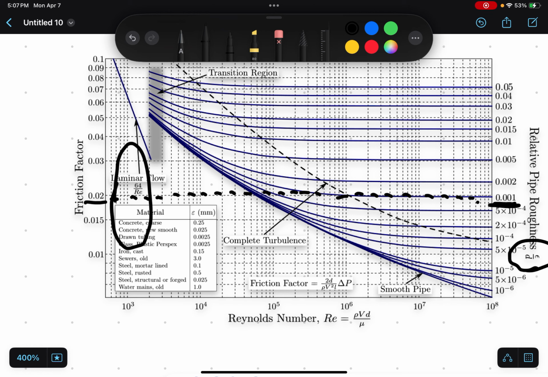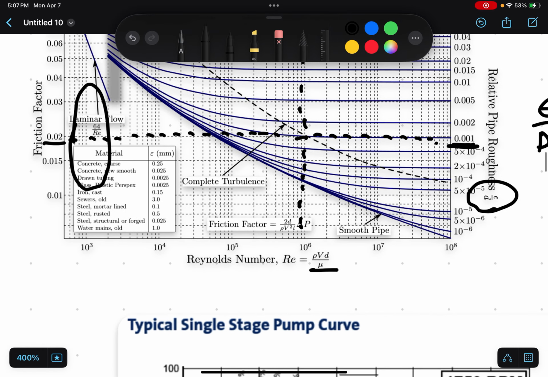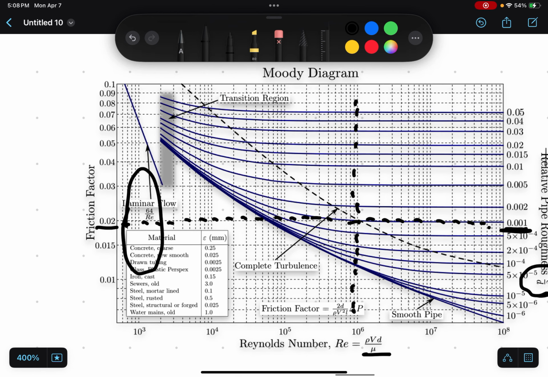And that could be correct if our Reynolds number, which I don't know if you remember, is density, velocity, diameter over mu. If you're at a high Reynolds number, you can just assume that it's straight across. But if you're at a lower Reynolds number, you can't really assume that. You have to follow the curve upwards, find your Reynolds number, and then draw a line over.